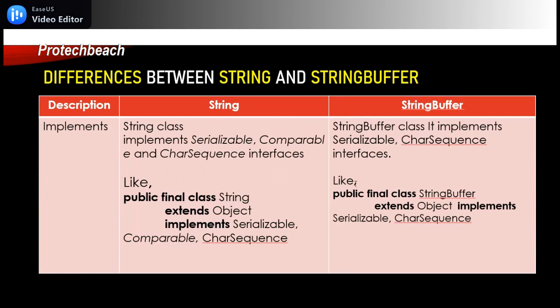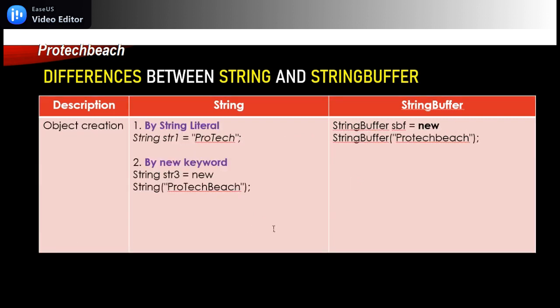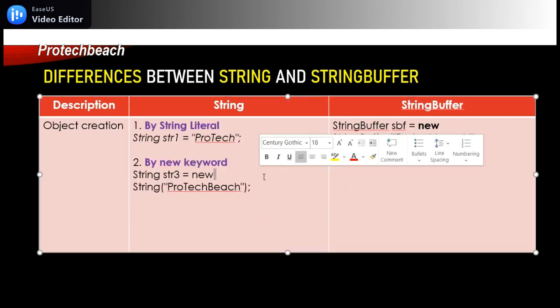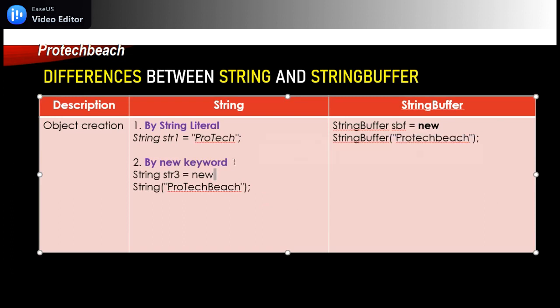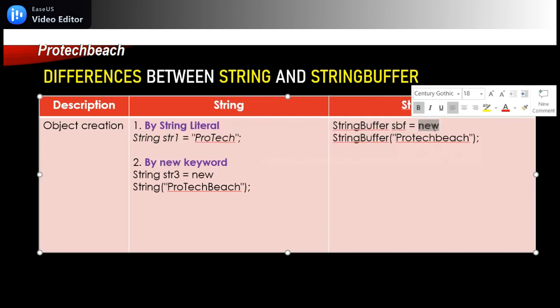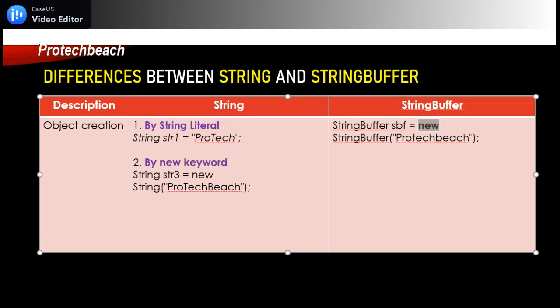Then regarding implementations, string implements Serializable, Comparable and CharSequence interfaces, but string buffer implements Serializable and CharSequence. Regarding object creation, there are two ways we can create a string object: string literals with the double quote, and with the new keyword. But in case of string buffer, we can create only using the new keyword. So these are the differences between string and string buffer.